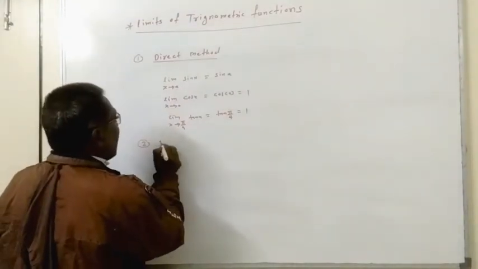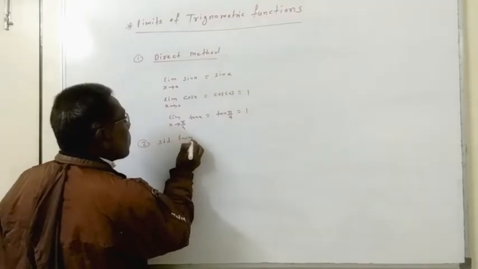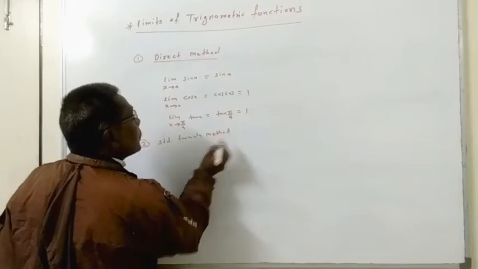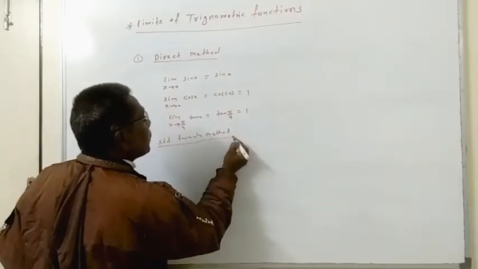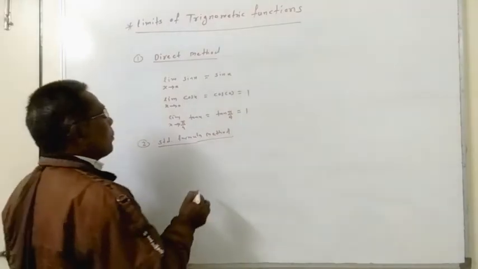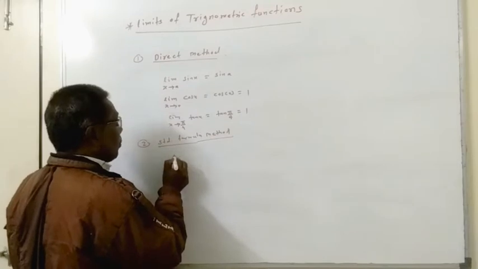Second method, the standard formula method. Here also, keep the standard formulas in mind and evaluate the limit by using the formula. We get two formulas.